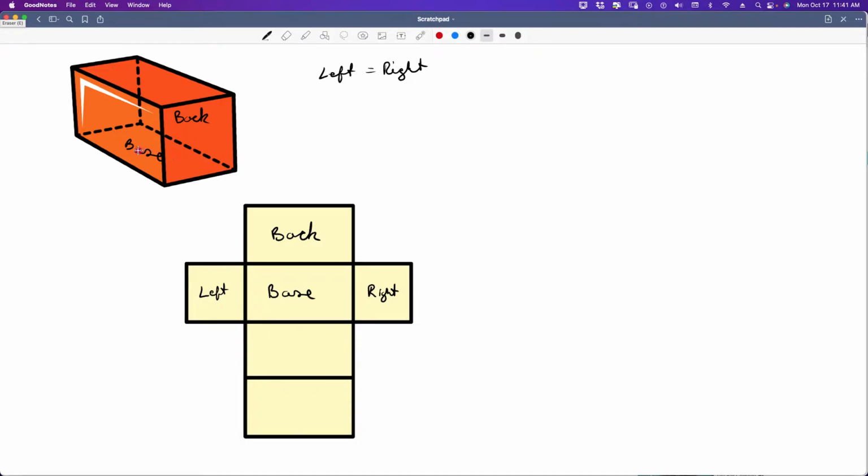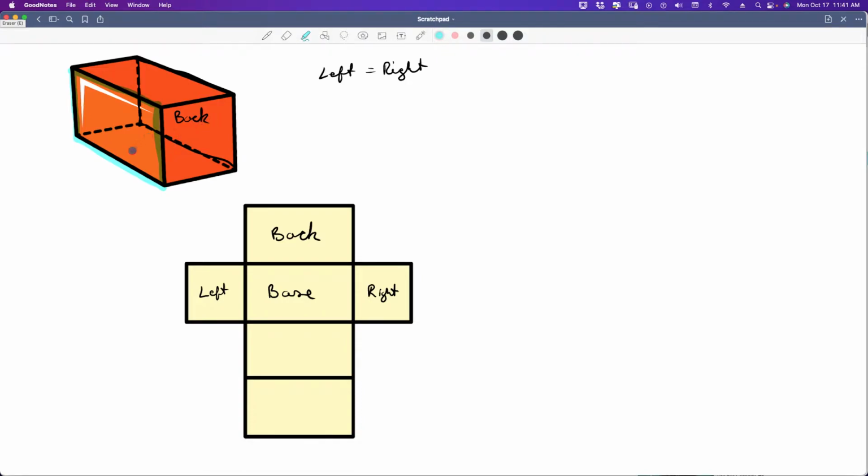Now, the back is opposite what part? I'm going to erase this word here so you can see it. This is the back. But then this, let me get my highlighter, this is the front. So the back, you look across from the back to the front, across from each other. Think about an aquarium, like a fish aquarium.